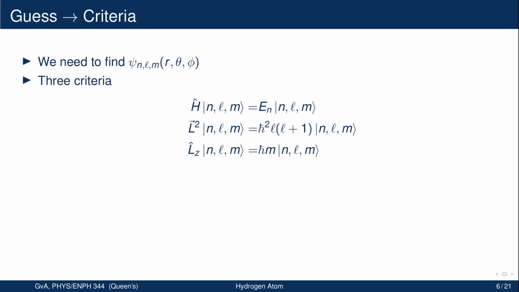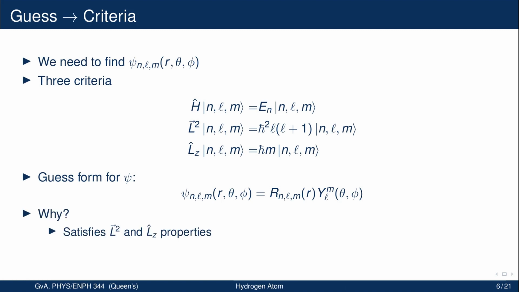These three criteria on the energy, the total angular momentum, and the z component of the angular momentum suggest that we guess a form for our states where we have a function capital R that is a function only of the radial coordinate, and the angular coordinates, theta and phi, are captured by our spherical harmonics that we computed previously.